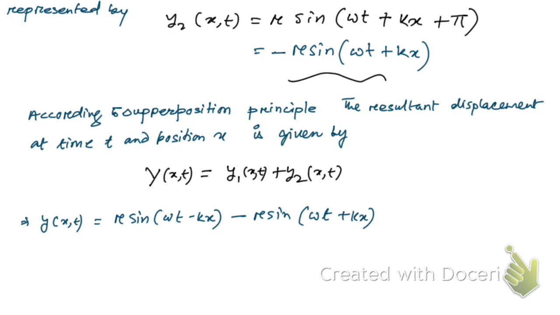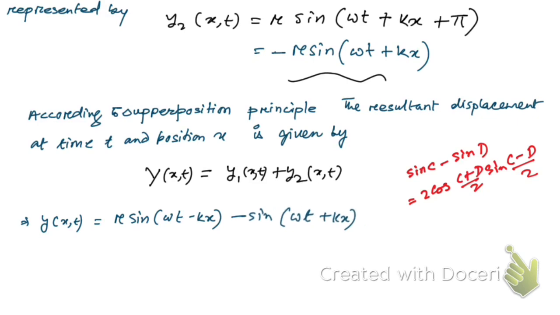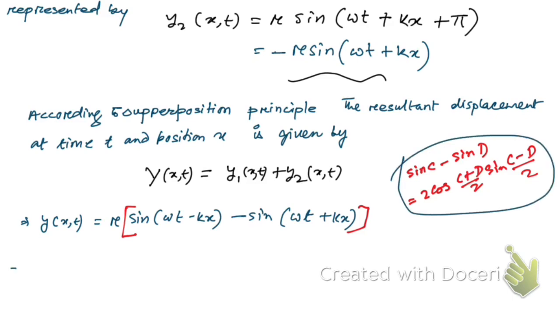Now let us use this identity: sine c minus sine d is equal to 2 cos of (c plus d) by 2 into sine of (c minus d) by 2. Taking r common, hope you have understood this. So now apply this identity.